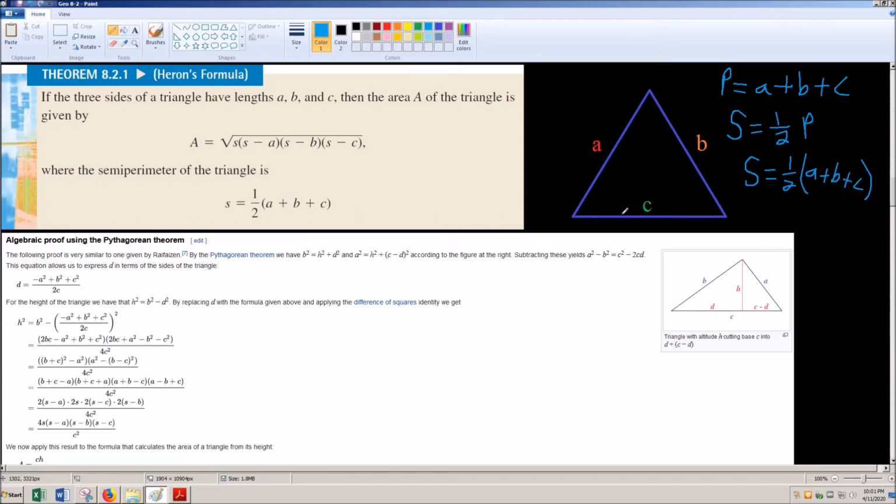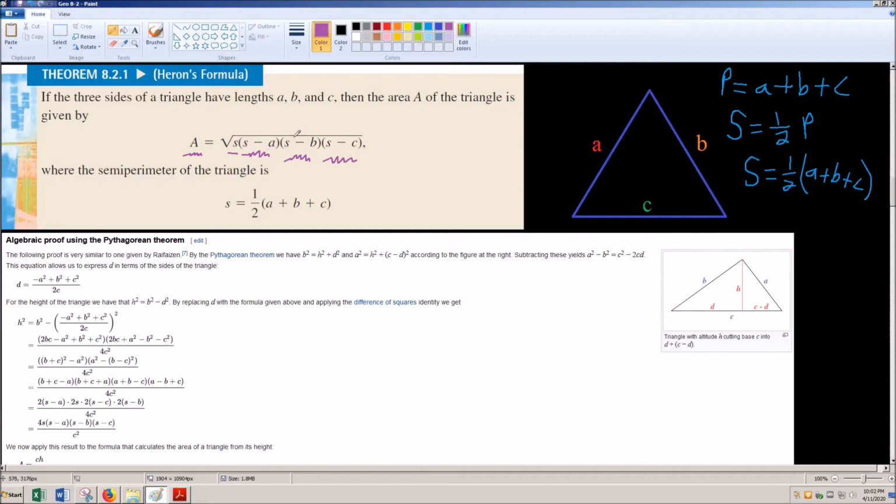When we talk about area, we use an uppercase A. The area is equal to the square root of, and now this is all being multiplied, the semi-perimeter by itself, times, in parentheses, the semi-perimeter minus A, times the semi-perimeter minus B, times the semi-perimeter minus C. Keep in mind, this is all underneath the square root.